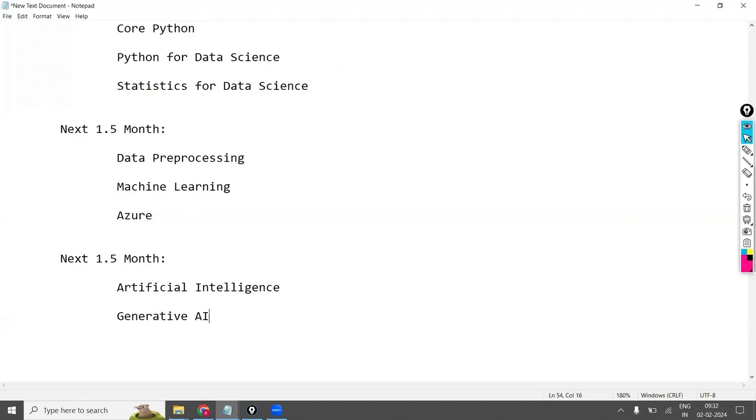Right? And once we have completed all these things, you are going to take the Microsoft certification. Once all these are completed, you are going to have Microsoft certification in Azure AI, meaning artificial intelligence, and at the same time Azure data science, both of them separately.